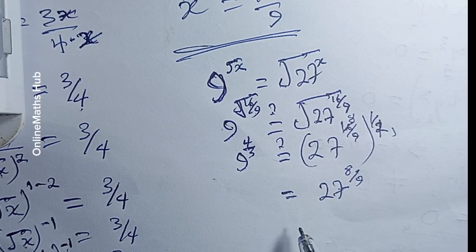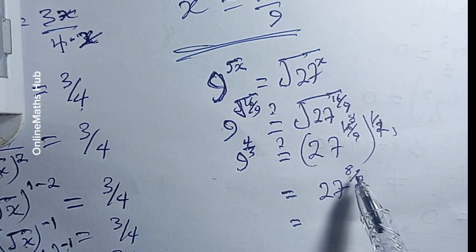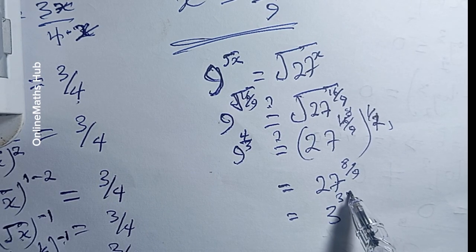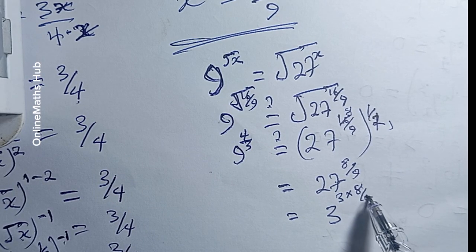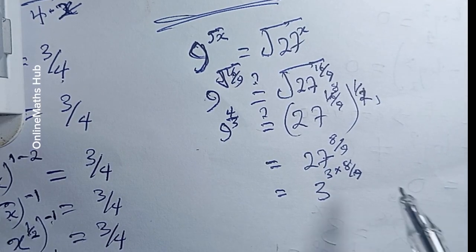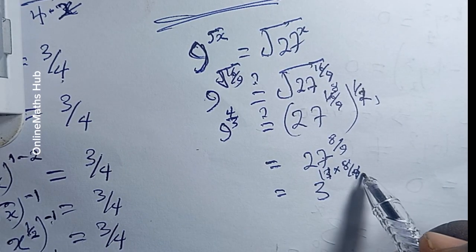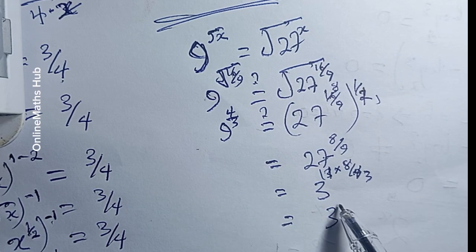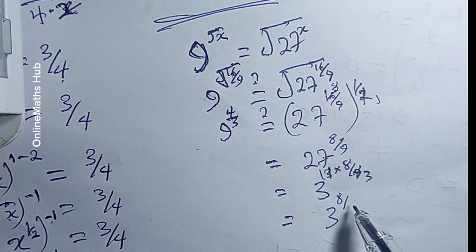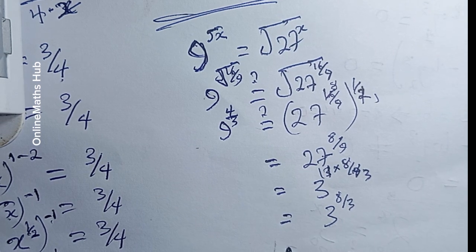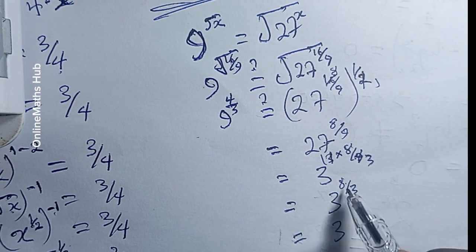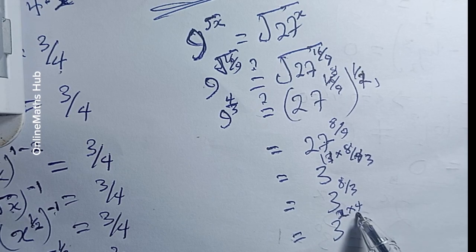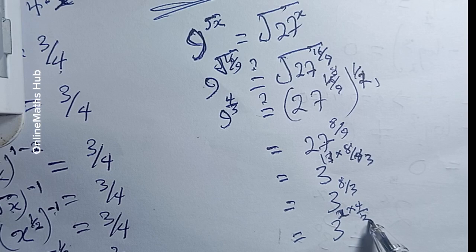And then next I will also write this 27 here as 3 power 3, and then of course multiply by 8 divided by 9. So that this 3 will divide this and then divide this one to give us 3. So what I have is 3 power 8 divided by 3 right here, and then I can write this 8 as 2 times 4, over 3.